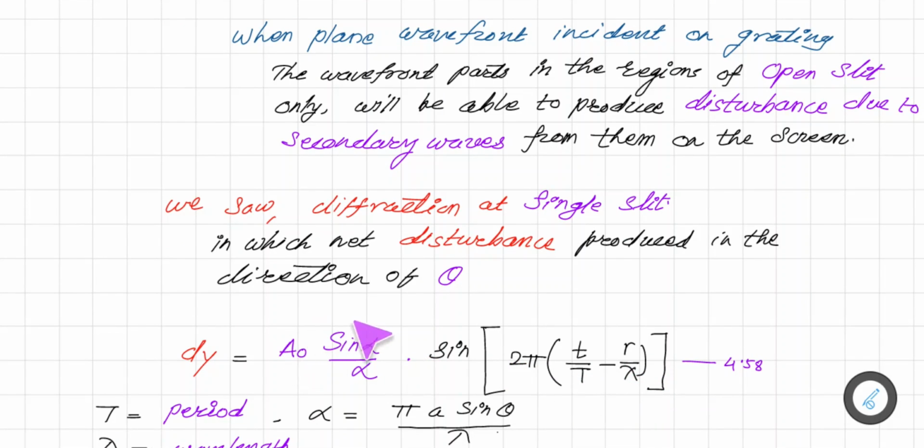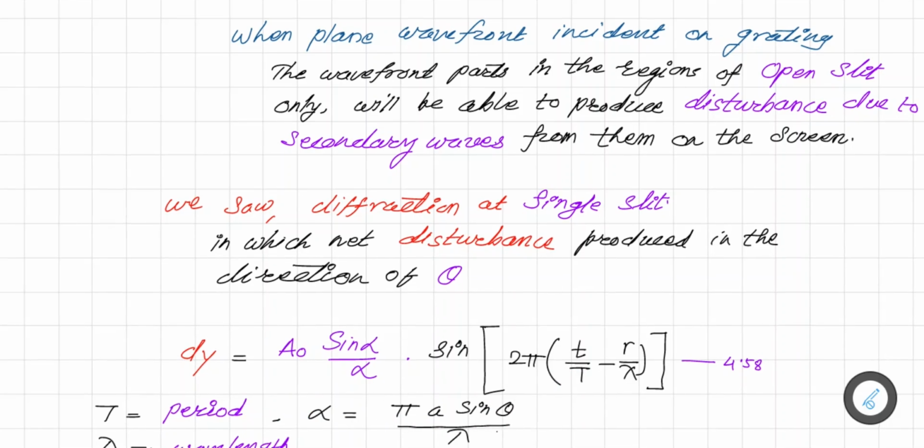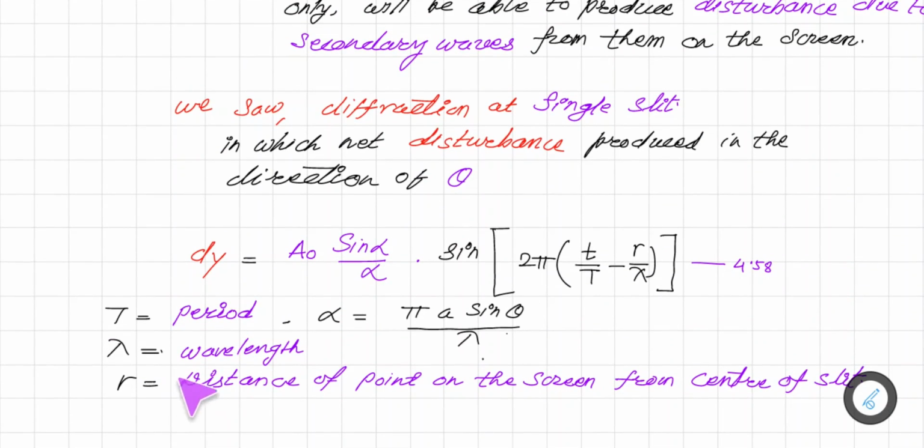Here this is the amplitude, and here it is a phase angle. This we already saw, where T is the period, alpha is pi a sine theta upon lambda, lambda is the wavelength of light, and r is the distance of the point on the screen from the center of the slit.